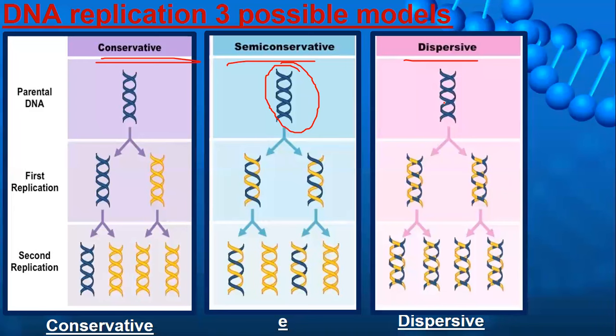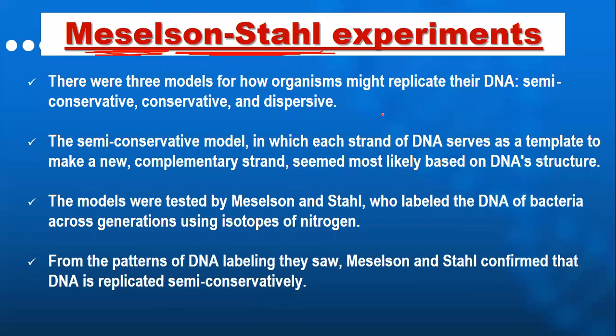Finally, they proved that yes, DNA always follows the semi-conservative model only while undergoing replication. DNA never follows conservative, DNA never follows dispersive. It only follows this model. Till today, we can consider this one of the most beautiful experiments in the field of biology.